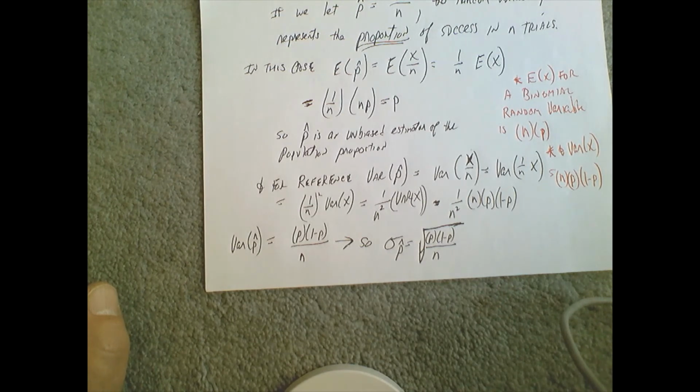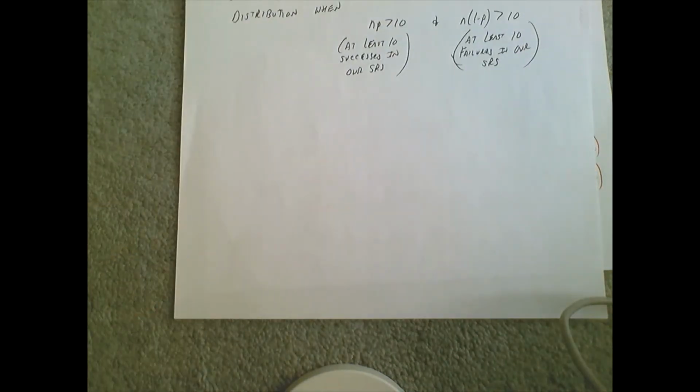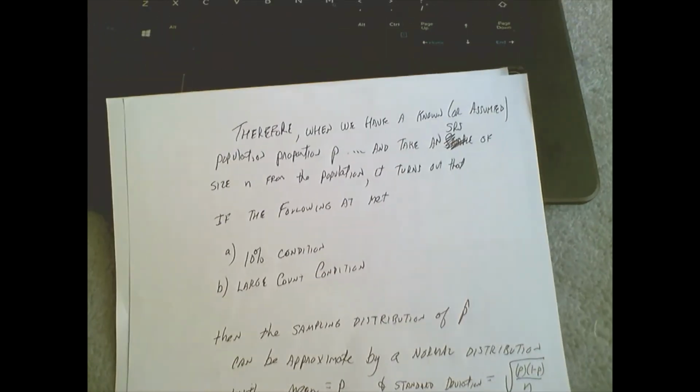So, what's this all have to do with anything? Well, it has a lot to do with just about everything. These two key concepts for the sample proportion can translate right into the following conclusions.